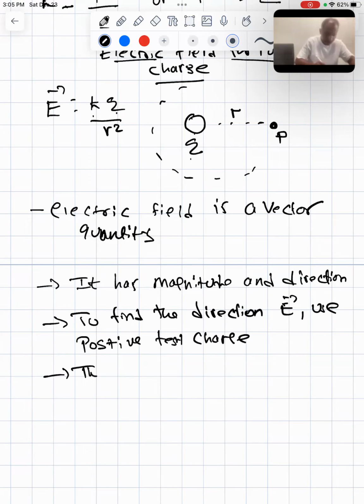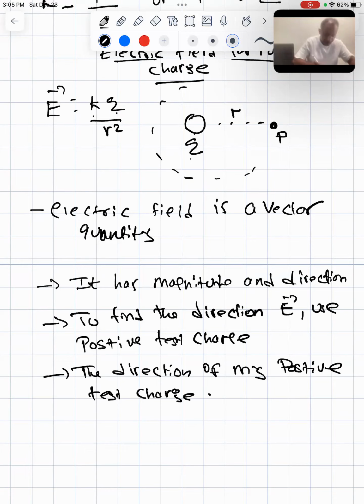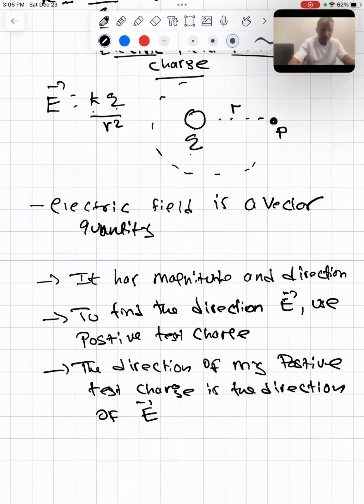The direction of the force on the positive test charge is the direction of the electric field. So electric field is a tricky concept because it has magnitude and direction. To find the direction, use a positive test charge, and the direction of the positive test charge's push is the direction of the electric field. Let me give you one simple example, okay?